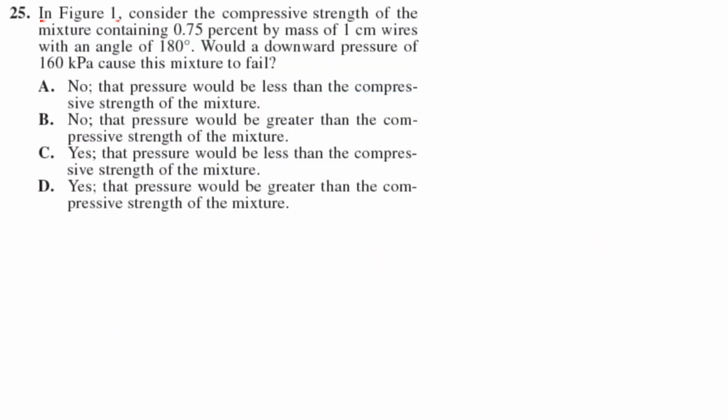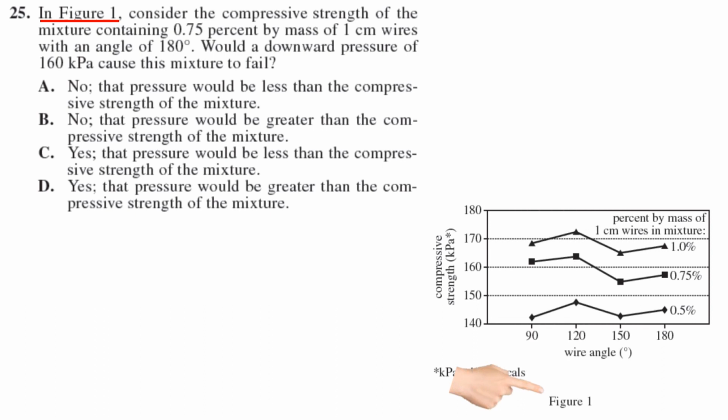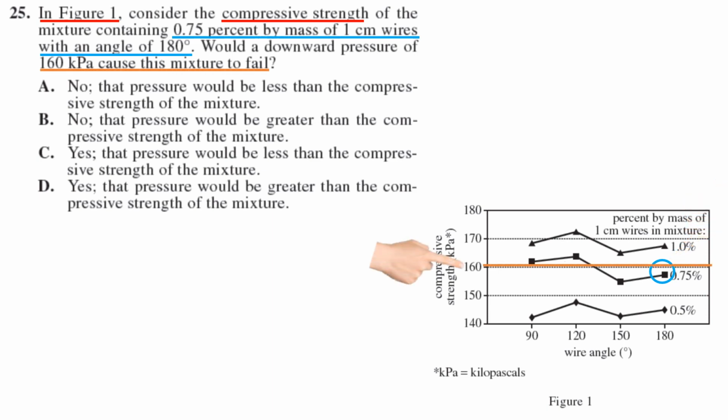Number 25, in figure 1, so figure 1, consider the compressive strength, so we're looking at compressive strength again, and the mixture containing 0.75% by mass of the 1 centimeter wire with an angle of 180. So make sure you're in the right spot. Would a downward pressure of 160 cause this mixture to fail? So we see the 0.75 by mass with the angle of 180 is below that 160 line, but do we know if this is going to cause it to fail?